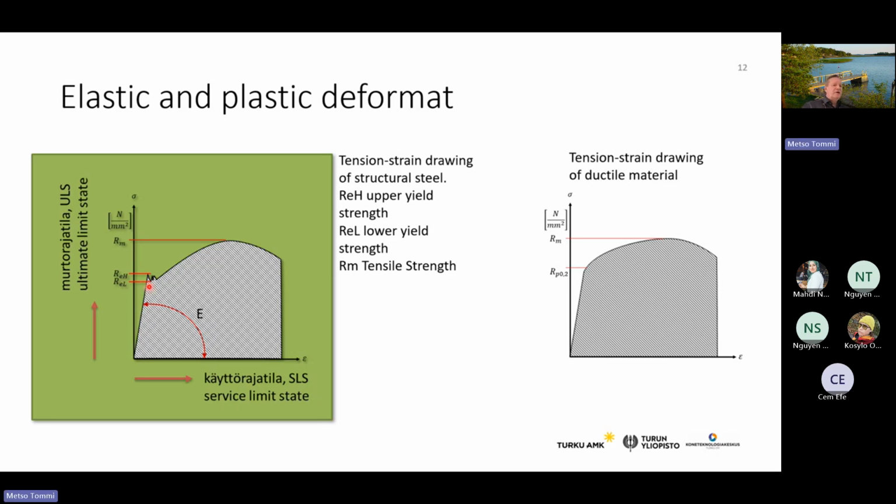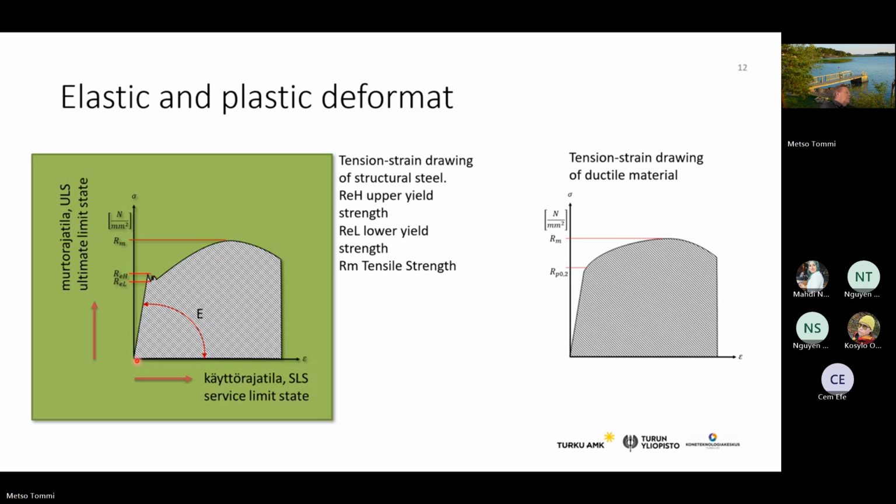Of course, there is a safety factor. We can't go too near this yield strength because if there is overload stress, then plastic deformation can happen. And in the service limit state, the forces are limited by deformation.